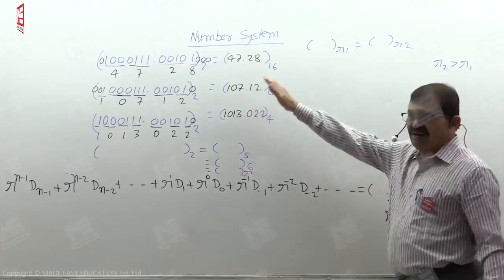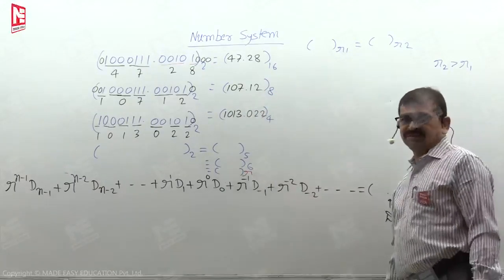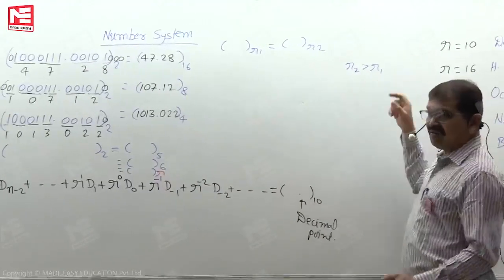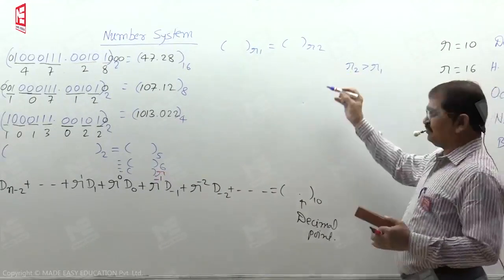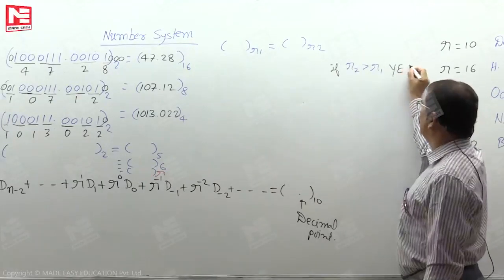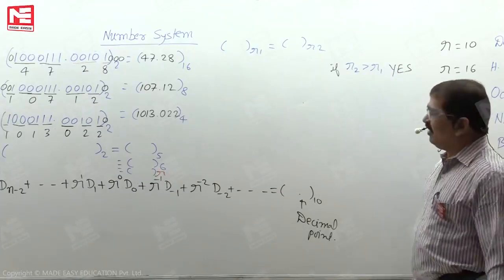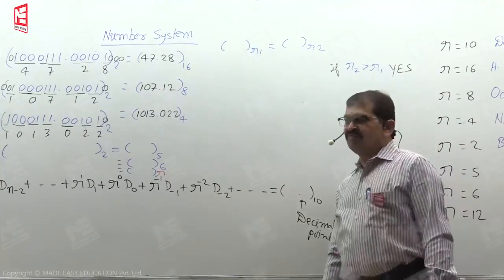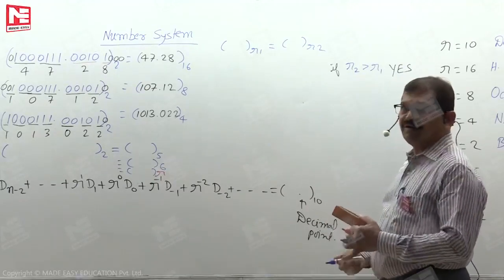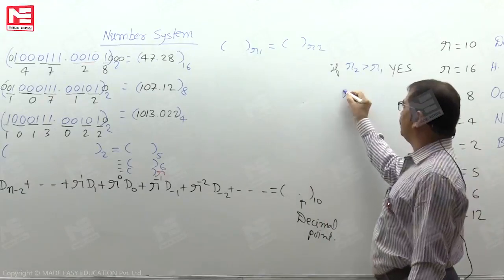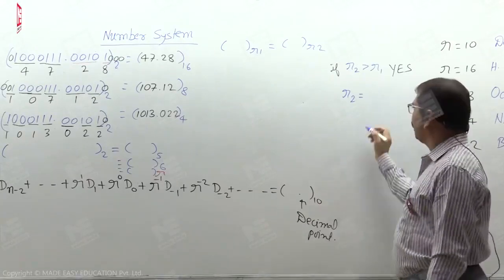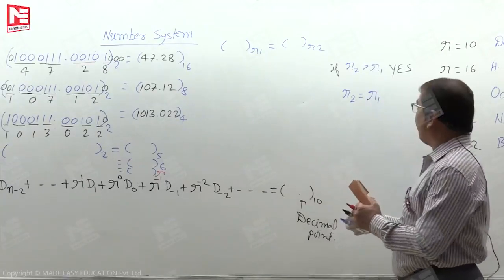So, for this question, with the knowledge from these examples, we first look at whether the radix R2 is greater than R1 or not. Suppose this is yes, the radix R2 is greater than R1. And a further observation we need is, for grouping, it is supposed to be possible to express the radix R2 as R1 to the power of m.